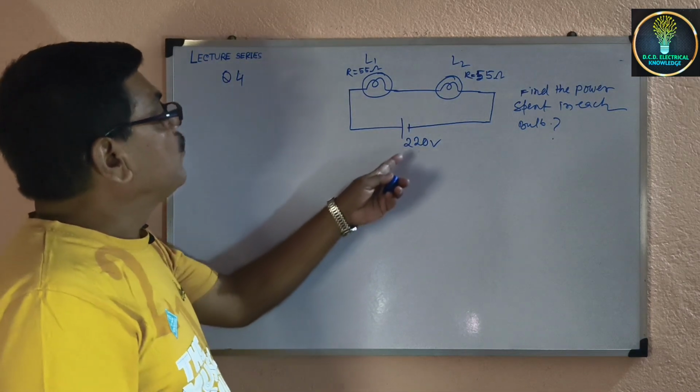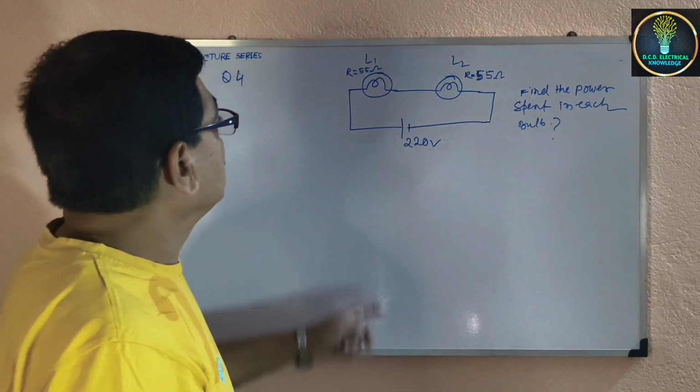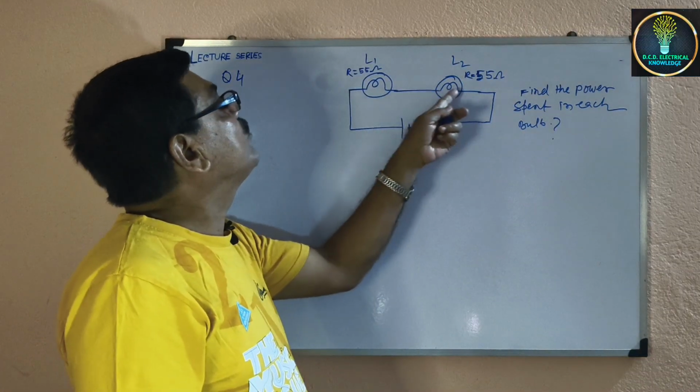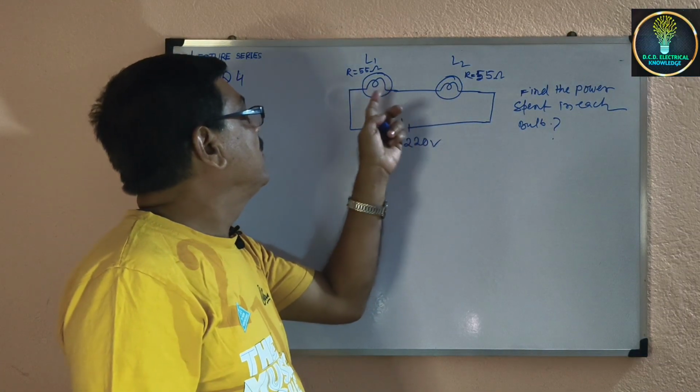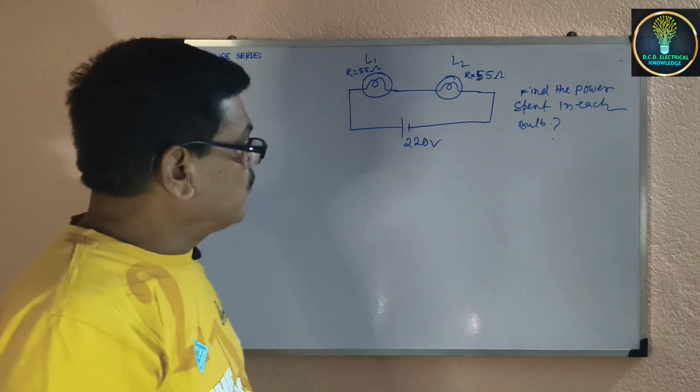Now supply voltage is given and resistance of each lamp are also given.